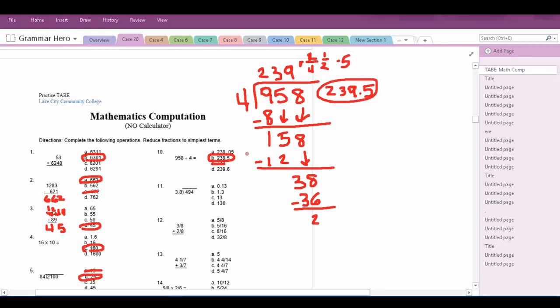We did a case like this one already, but nonetheless, it's good practice to do it again. We're taking 494 and dividing it by 3.8. So let's go ahead and get set up again.